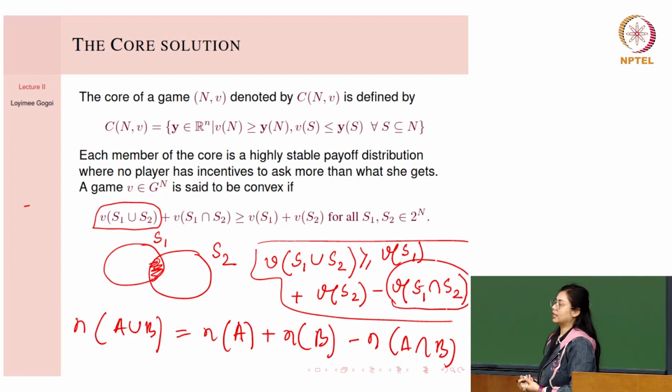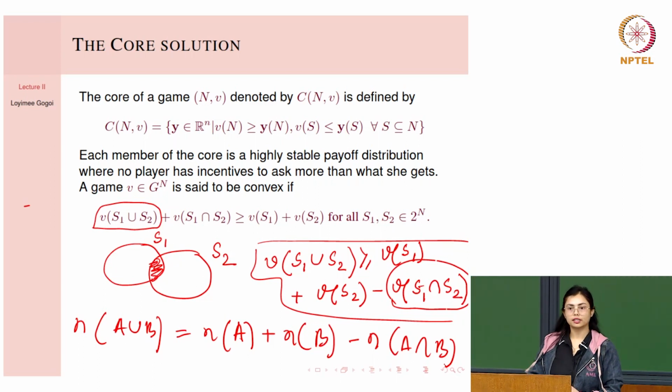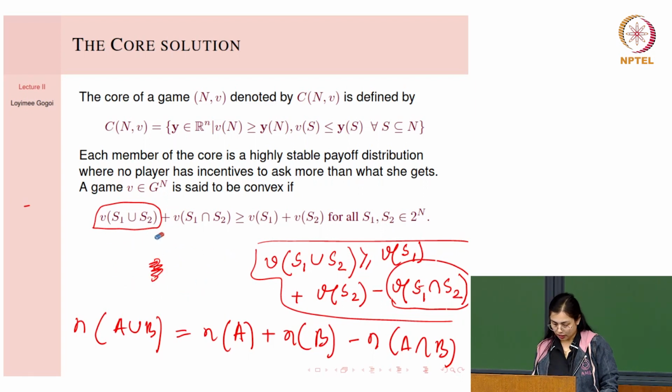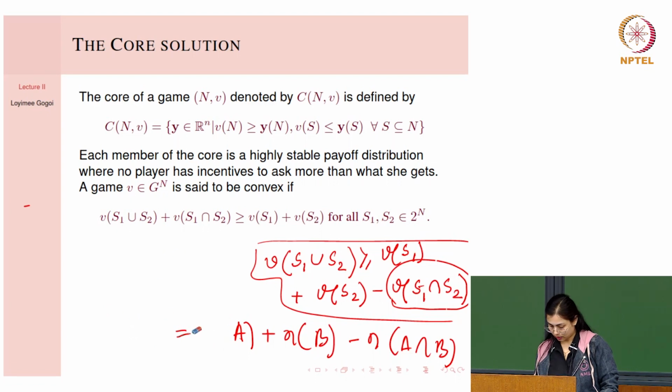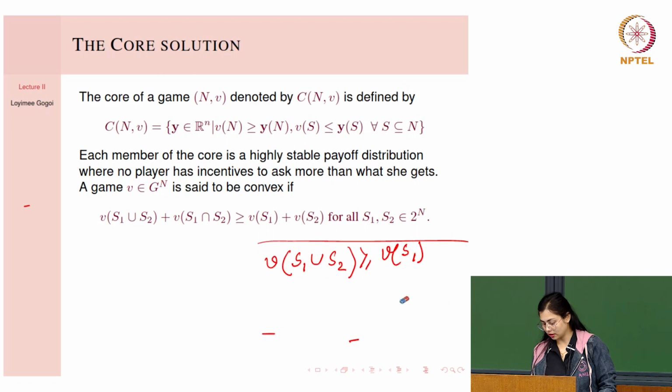So here, can you construct a convex game? Just try to construct a convex game. For 3 players also you can consider, because 3 players will take less time.